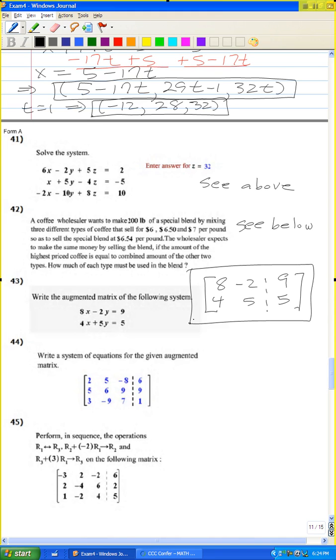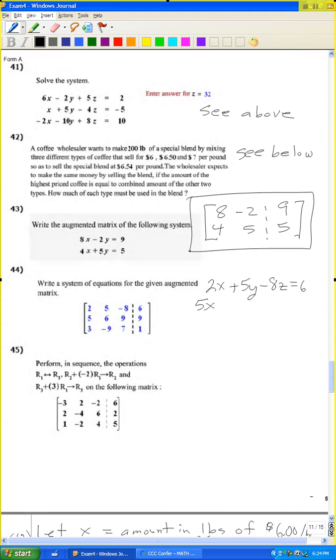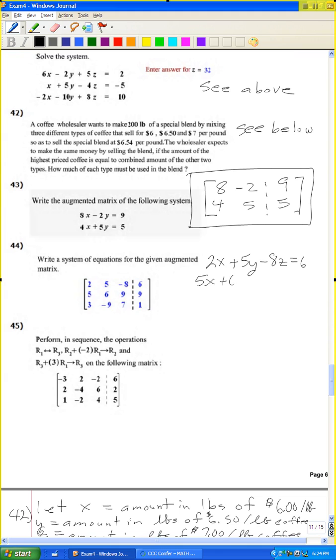Write a system, and I guess I'll call them X, Y, and Z. So this would be 2x plus 5y minus 8z is 6, 5x plus 6y plus 9z is equal to 9, 3x minus 9y plus 7z is equal to 1, and that is your system.